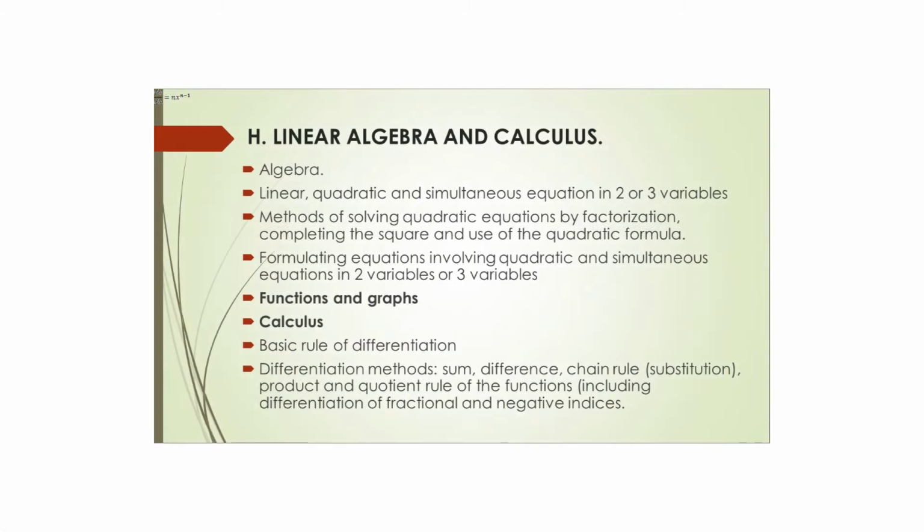So have linear algebra and calculus. So here you have to learn about differential equations. So methods of solving quadratic equations, formulating equations, then functions and graphs. The basic rule of differentiation, chain rule, then the quotient rule.